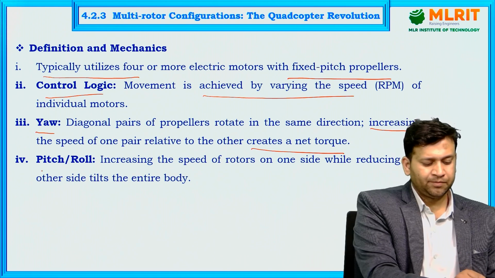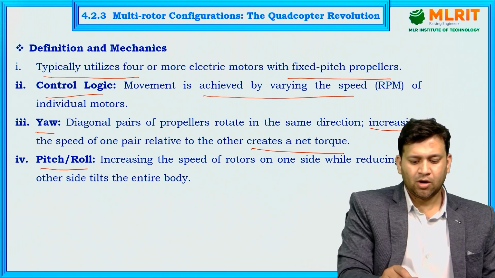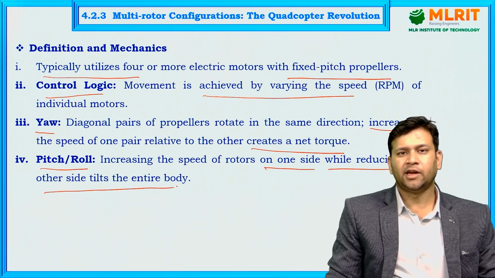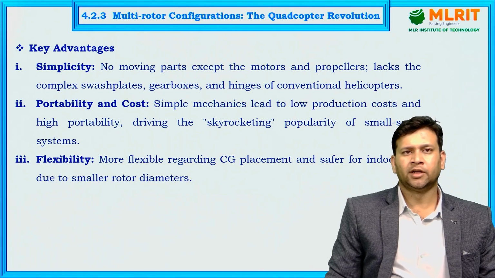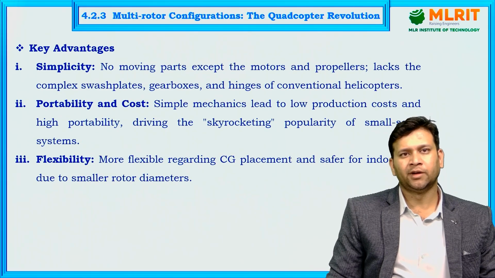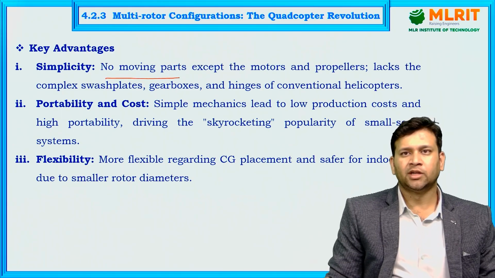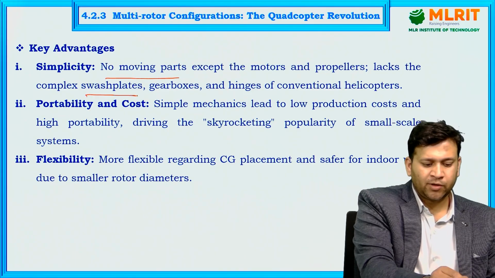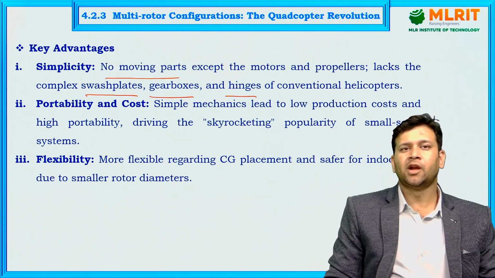Pitch and roll. Increasing the speed of rotors on one side while reducing the other side tilts the entire body. The key advantages of multi-rotor configurations: there are no moving parts except the motors and propellers, which lacks the complex swash plates, gearboxes, and hinges of conventional helicopters.